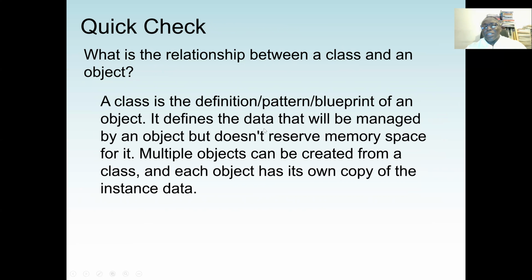It defines the data that will be managed by an object, but doesn't reserve memory space. Rather, the object reserves the memory space. Normally, we create the object in the main method, and we can use one class to create as many objects as we want.